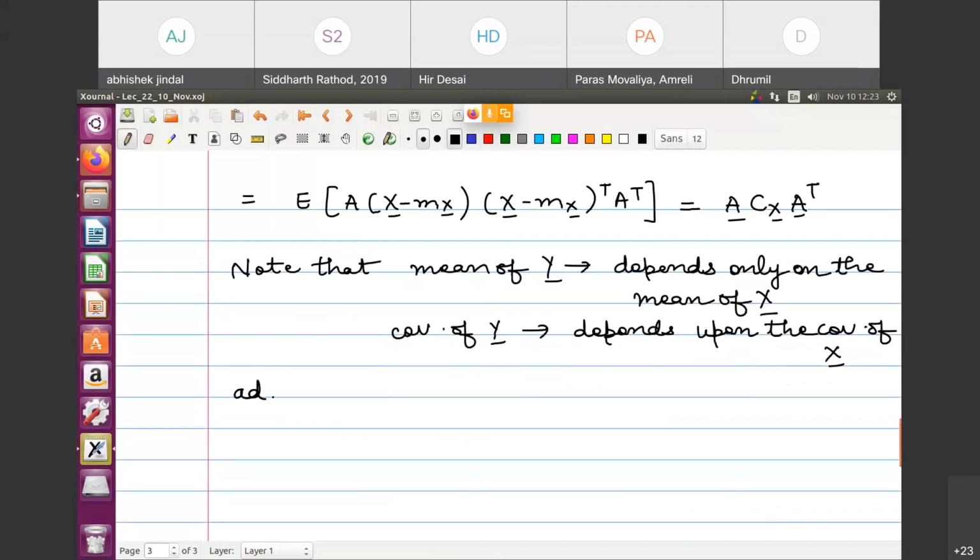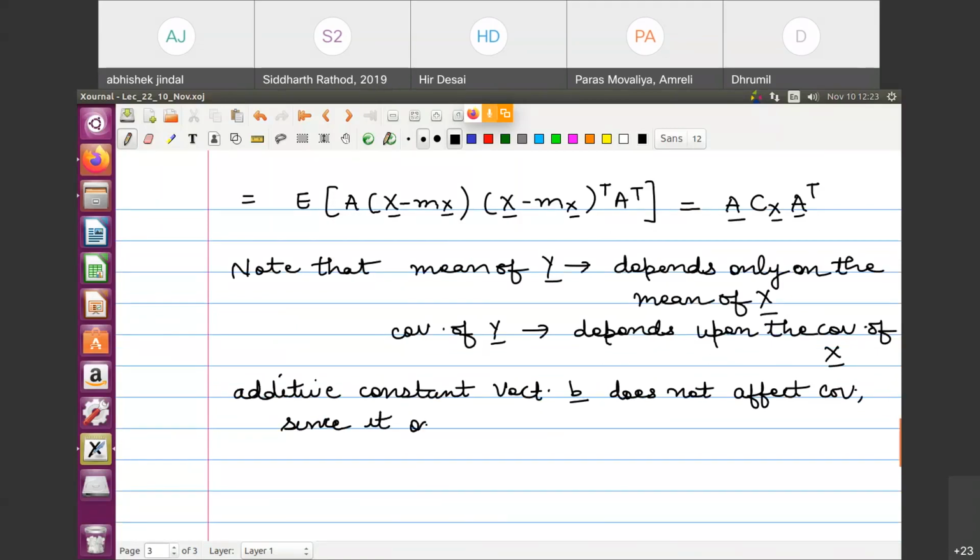And I must write that the additive constant vector b does not affect the covariance, since it only influences the mean of y.